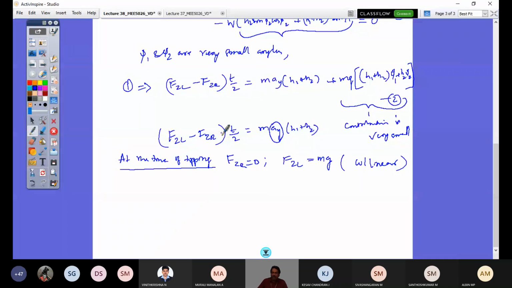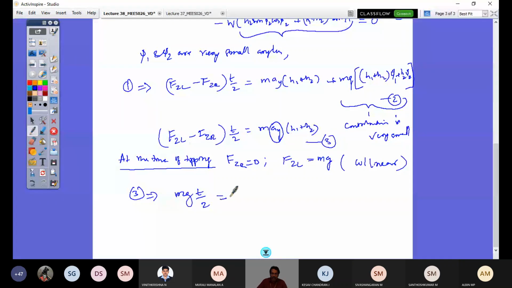So then what would happen? I would have my equation. Let's call this equation 3. This equation 3 would become F_zL minus F_zR, which is simply mg T by 2, equal to m a_y into (h1 plus h2), right? So this m goes out.